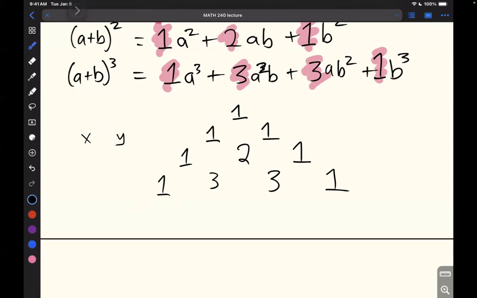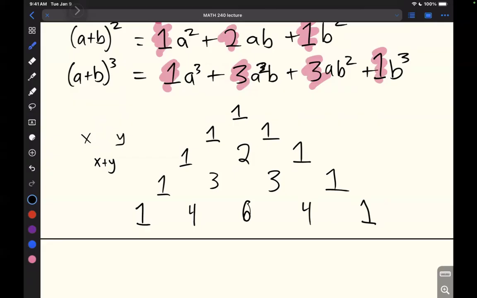And the way we get a number in the middle is if we've got two numbers above it, the number in the middle is going to be x plus y. So the number here is 1 plus 3, which is 4. The number here is 3 plus 3, which is 6. The number here is 3 plus 1, which is 4. And then we've got the 1 at the end.